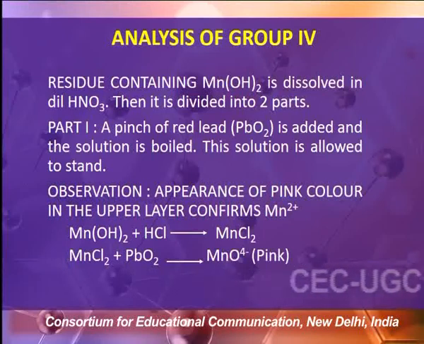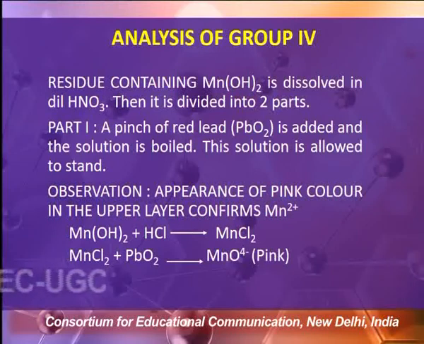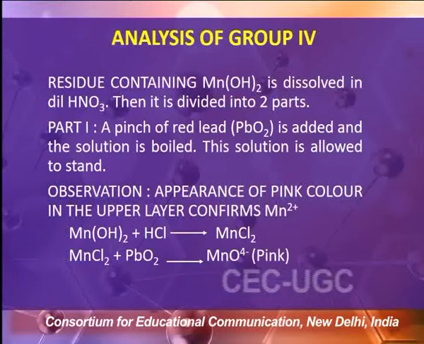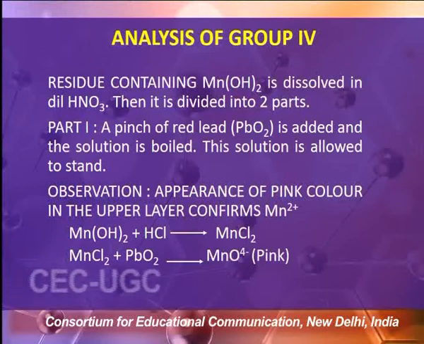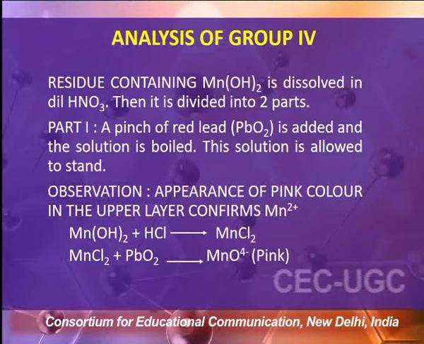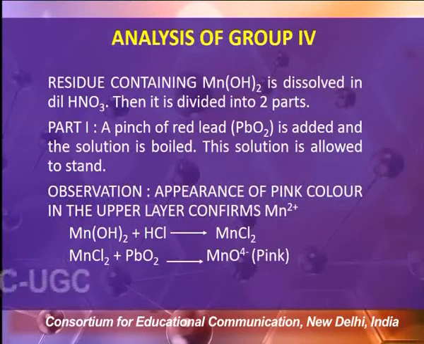Lead dioxide is an oxidizing agent and it is oxidizing manganese in the +2 state in manganese chloride to manganese in the +7 state in permanganate ions. So the solution goes from colorless +2 state to pink +7 state of manganese.